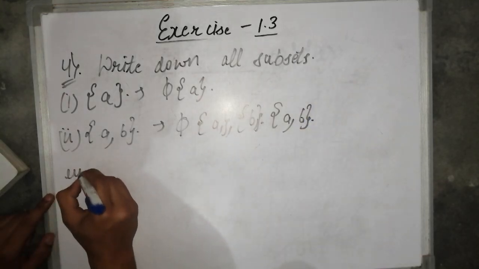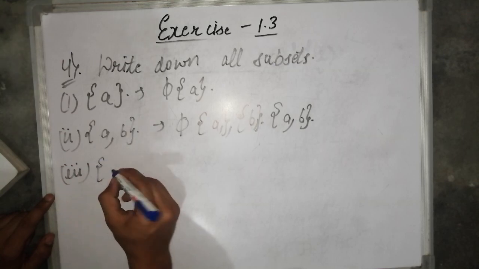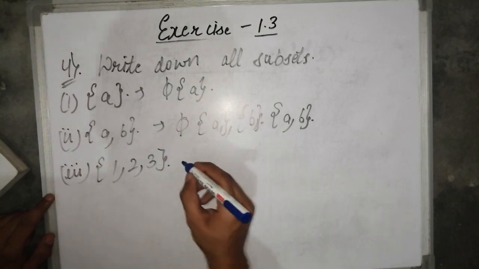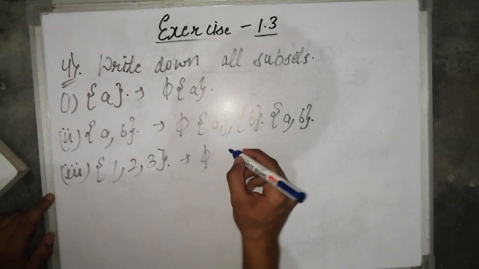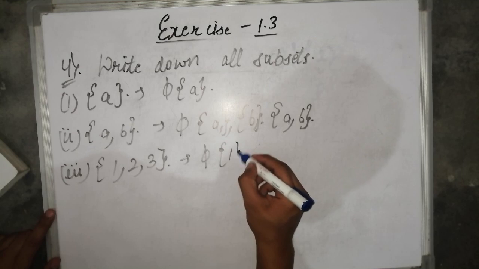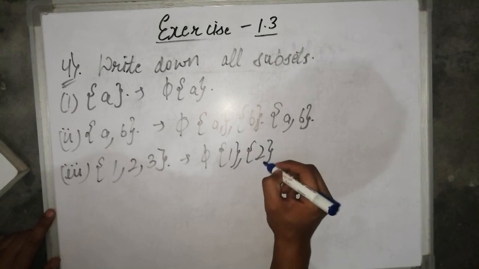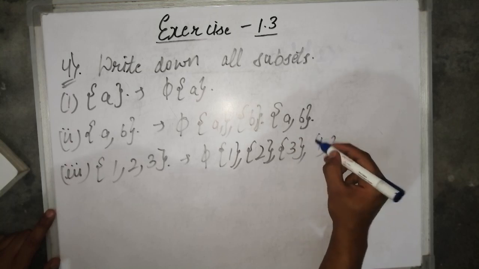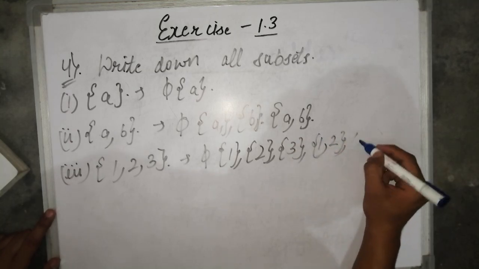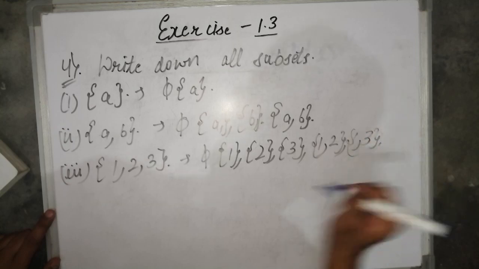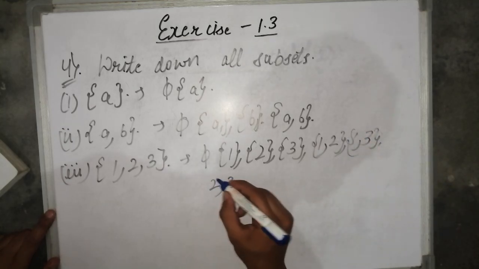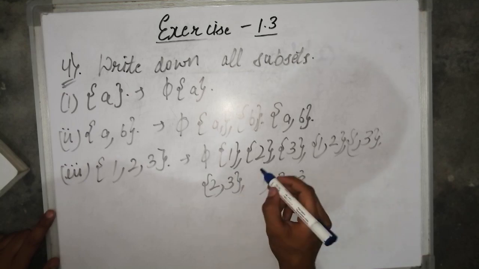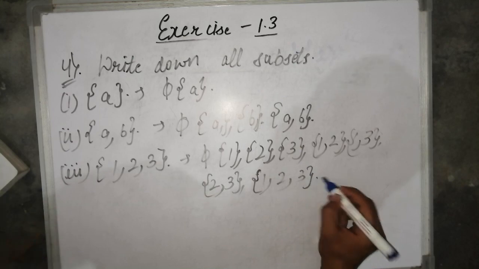Moving to the third part, we have {1, 2, 3}. The subsets are the empty set, {1}, {2}, {3}, {1, 2}, {1, 3}, {2, 3} and {1, 2, 3}, and that's it.